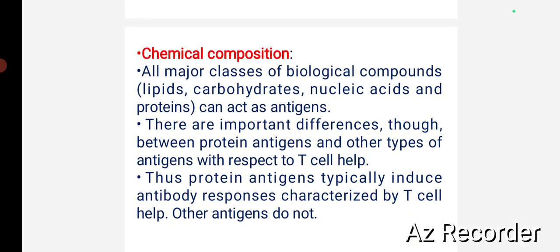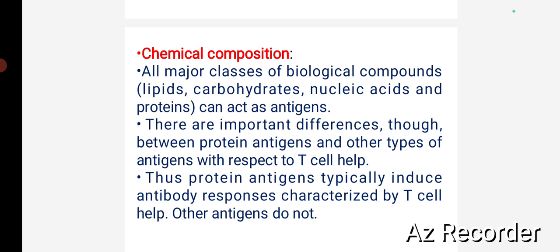Next one, chemical composition of antigen. All major classes of biological compounds, for example, lipid, carbohydrate, nucleic acid, and protein, can act as an antigen. There are important differences though between protein antigens and other types of antigen with respect to T cell help.